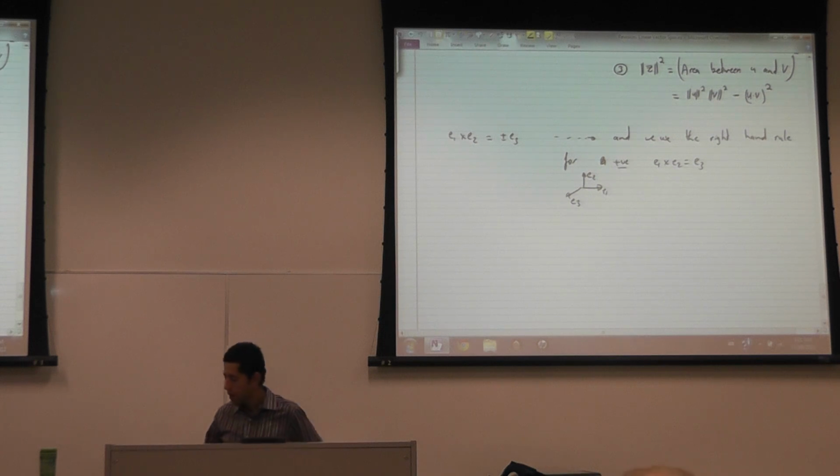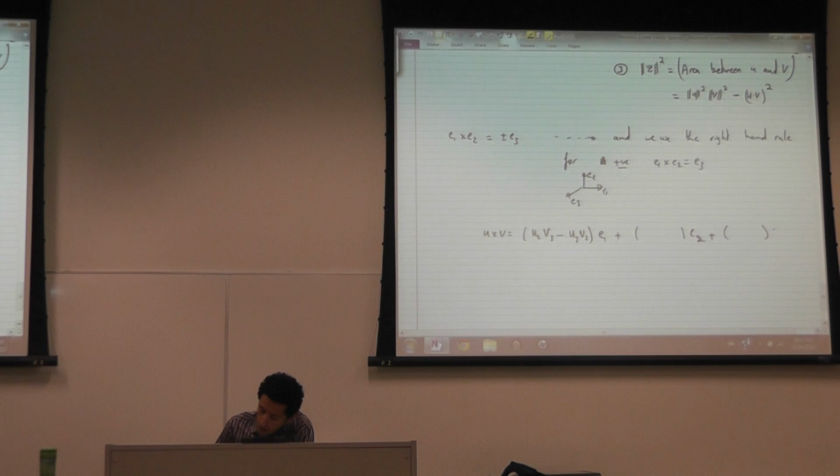When you take the cross product of two vectors, you already know the famous result, which is u2v3 minus u3v2 in the direction of e1 plus something in the direction of e2 plus something in the direction of e3.